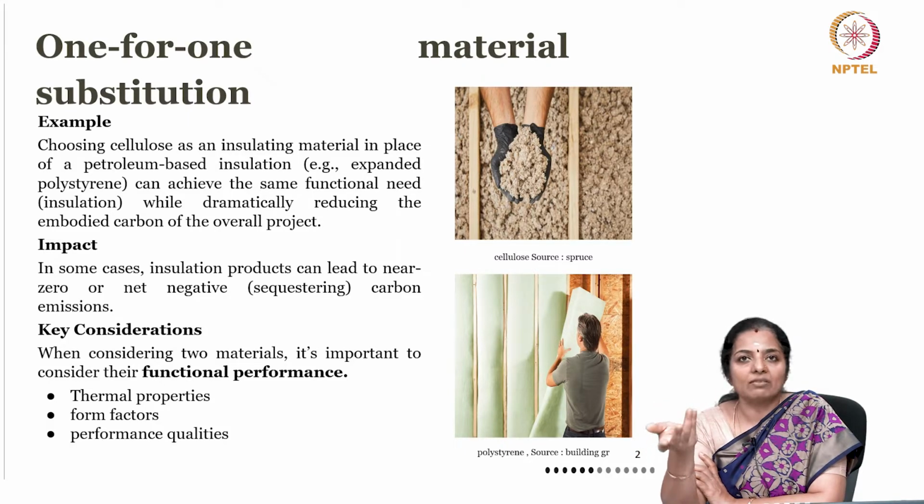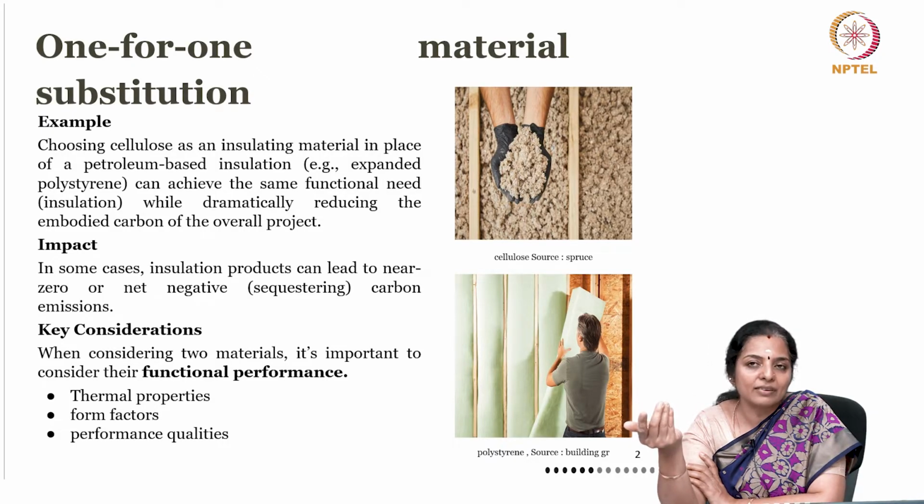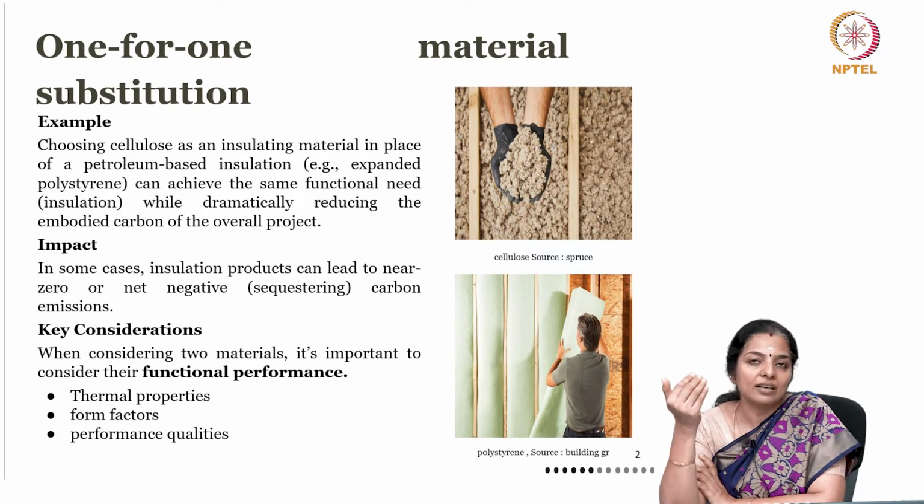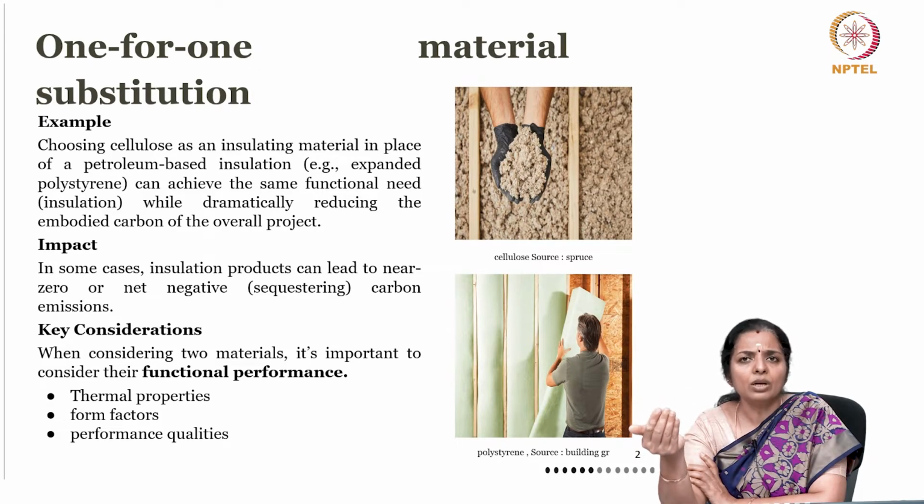It's the same with even facade. So, if you have large panels on the facade and if there is a damage to even one part, then you will have to replace a large section of that facade. So, you need to look at these from a designer's point of view.